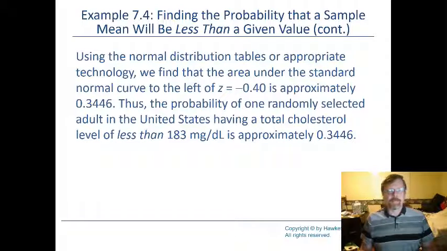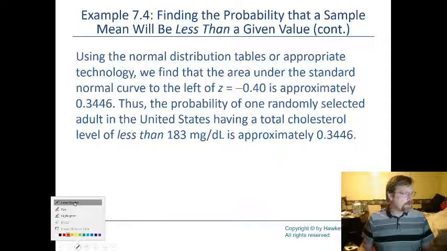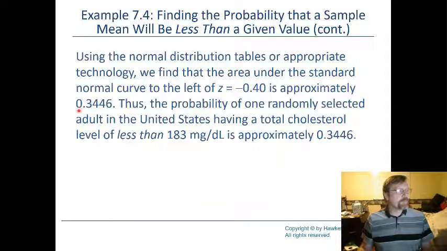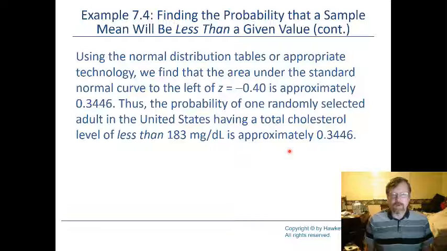All right, so we look this up in the tables. A z-score of negative 0.4 is approximately, get my highlighter back, approximately 0.3446. So roughly a 34.5% chance of any randomly selected adult to have a cholesterol less than 183 milligrams per deciliter.